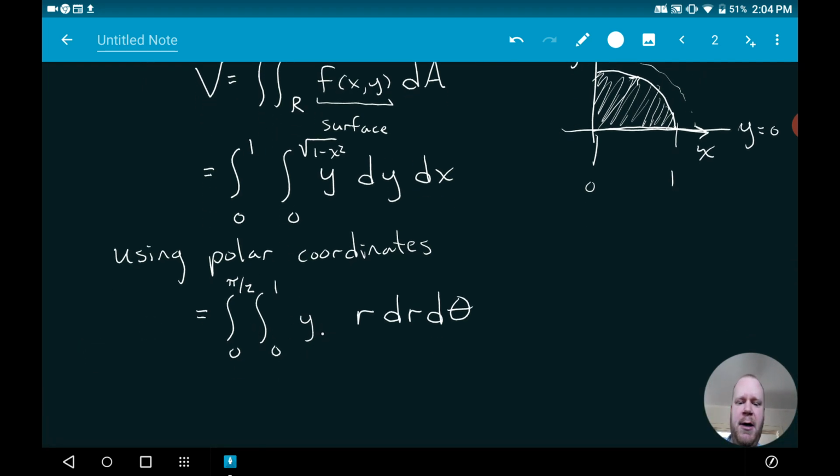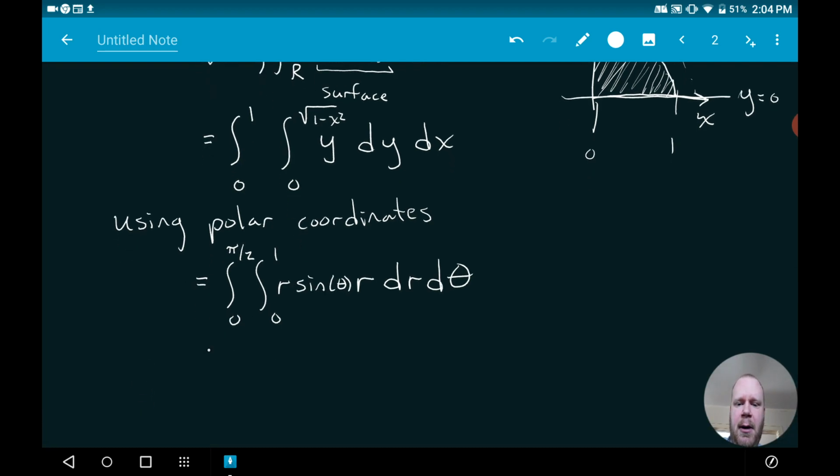One thing that I need to change is that this y is not in polar coordinates, so I'm going to change that y to be r sine of theta. So yeah, my assumption is that this is what you need to do, since this is a much more manageable integral to do than this one.